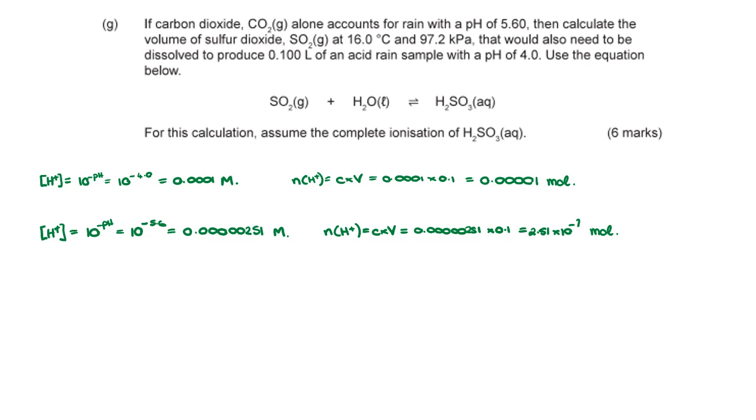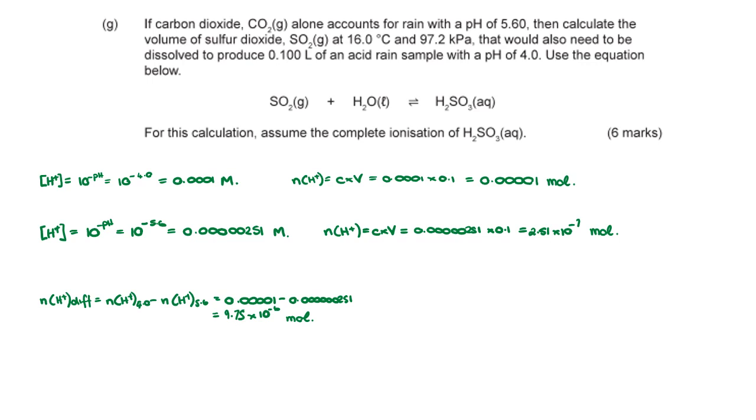So the difference between the two is attributable purely to the sulfur dioxide addition. So we've got to work that out. The difference in hydrogen ions is the number of moles at 4 minus the number of moles at 5.6. And we get 9.75 times 10 to the minus 6. Now that hydrogen ion amount comes directly from the SO2 addition. How much SO2 is there?